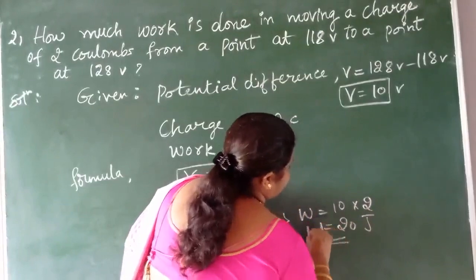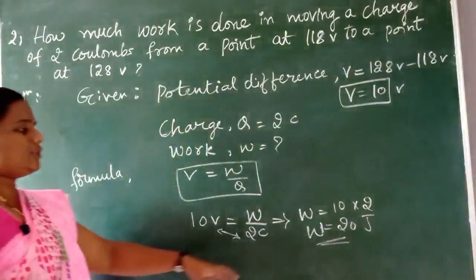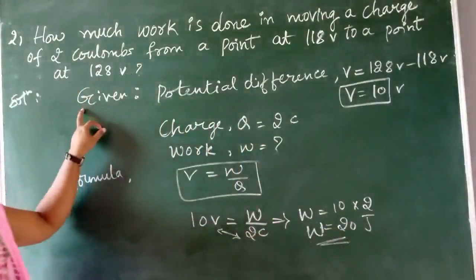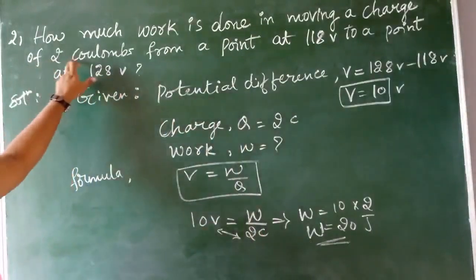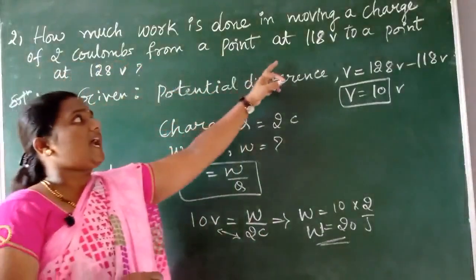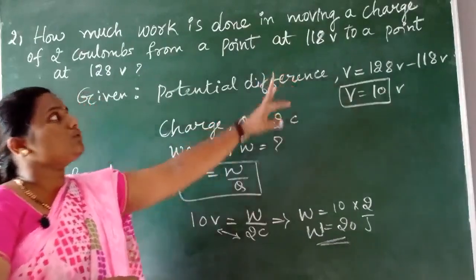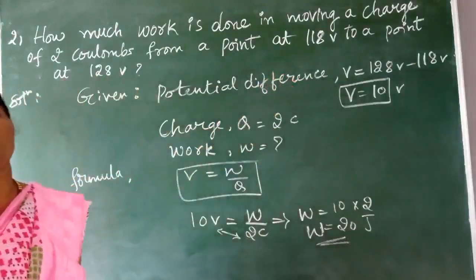So what is the answer, children? 20 joules of energy is used in moving a charge of 2 coulombs from a point at 118 volts to a point at 128 volts.